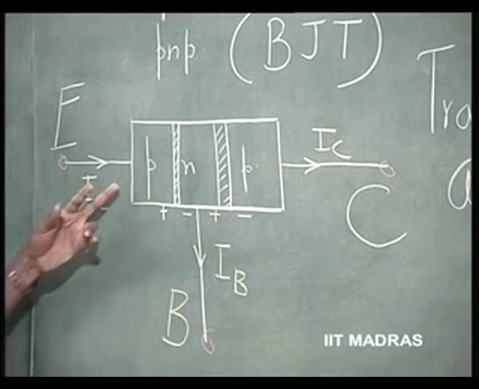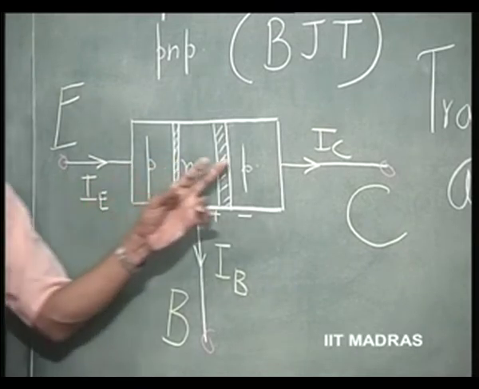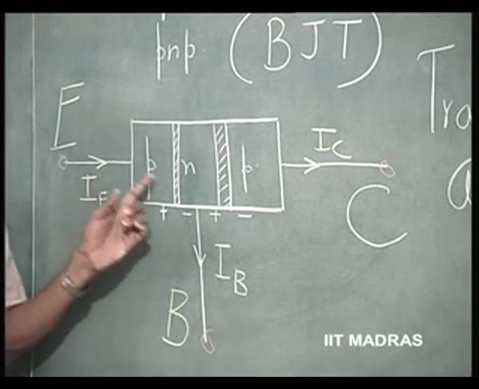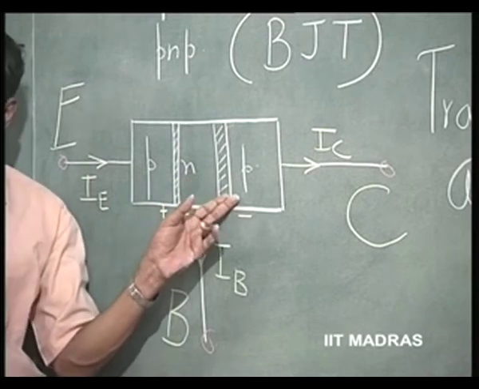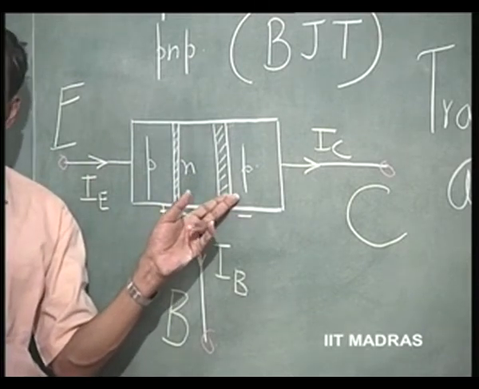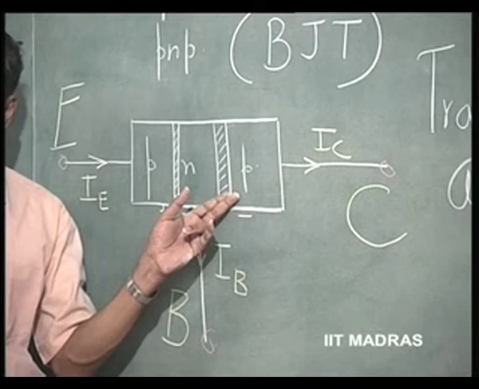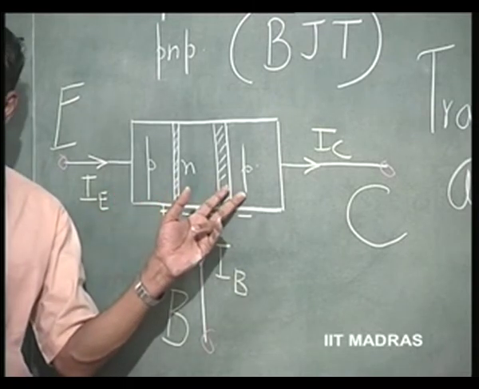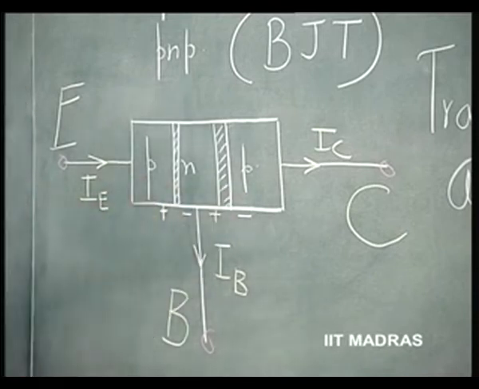So, here we have two such junctions, but it is not just equivalent to two diodes in series. This junction is very close to this junction. This is important in a transistor. In order to make a good transistor, I must have this junction very close to this junction. Now, what happens because of this?